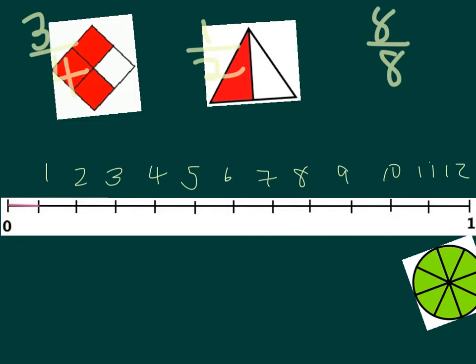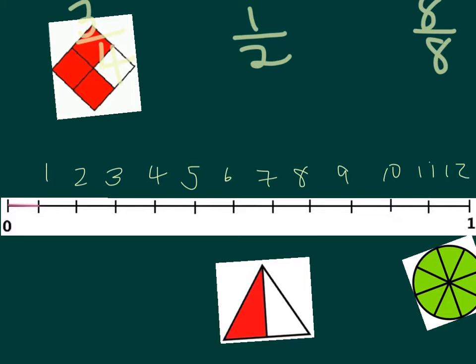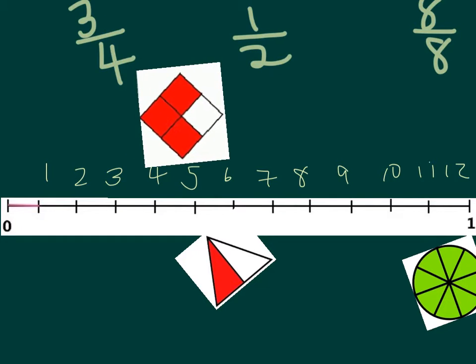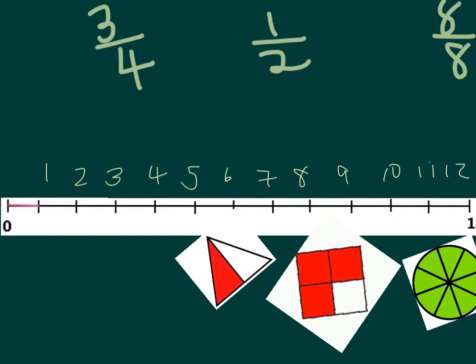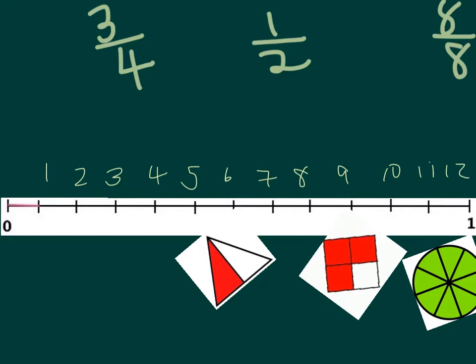Next is 1/2, and 1/2 is equivalent to 6 out of 12, so we know that that one goes there. The last one, 3/4, we have to figure out the equivalent fraction for 3/4 on this number line. So we can figure out that 9 out of 12 is equal to 3/4.